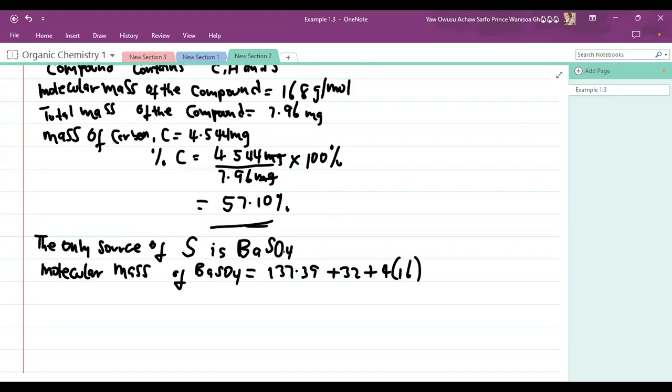There are 4 atoms of oxygen. So our barium sulfate will be 233.39 milligram.